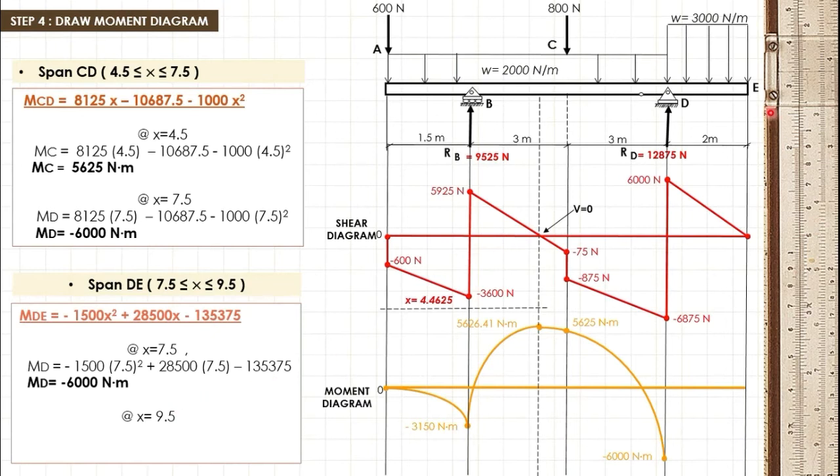Last, at point E, which is at the end of our beam, where x is equal to 9.5 meter from point A, by substituting the value of x to this moment equation, we get 0 Newton meter. Therefore, our moment diagram will be back at 0.